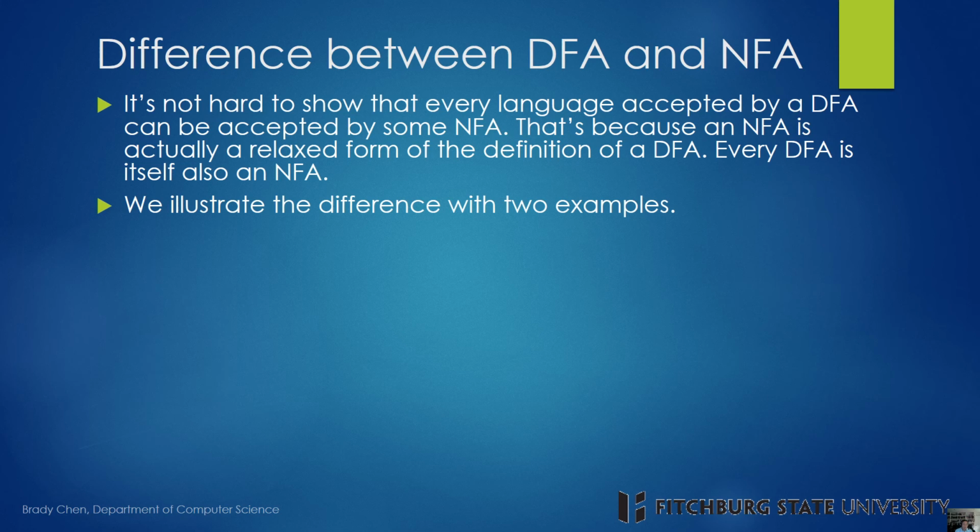In the NFA, that's not the case. If the current state is A or B, then the transition function can move the state from the current state to any other state, or it can even move to nowhere.